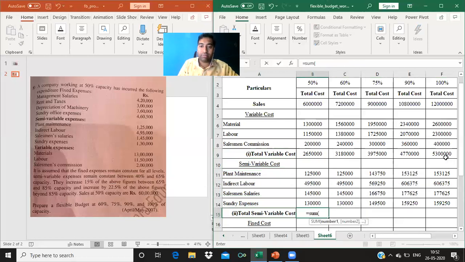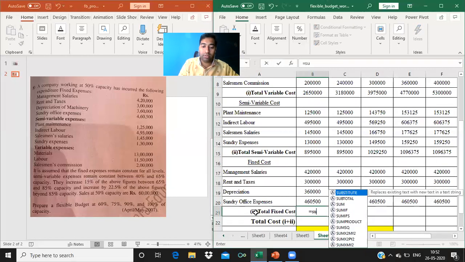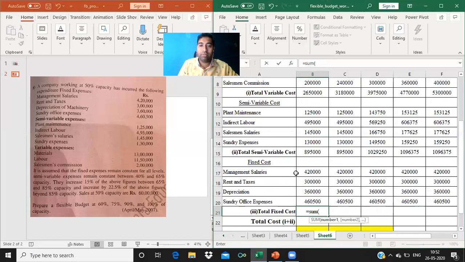That will be the sum of plant maintenance, indirect labor, salesman salary, and sundry expenses. Coming to the last one, fixed cost. Fixed cost will be the sum of management salary, rent and taxes, depreciation, and sundry expenses.